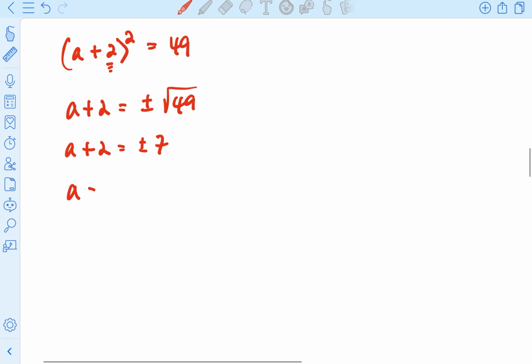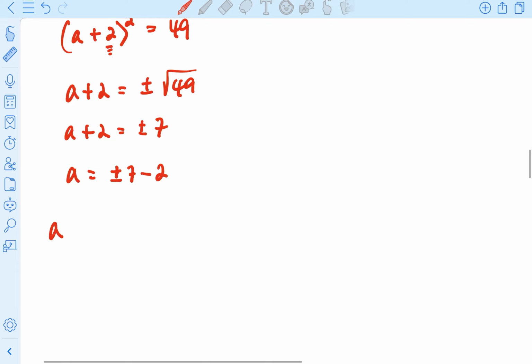And so a will be equal to plus or minus 7 minus 2. So a will be equal to 7 minus 2, and a will be equal to negative 7 minus 2, right? So this is a tricky one because some of you guys will change this sign with plus or minus.